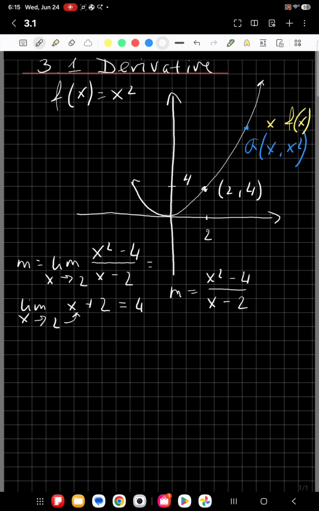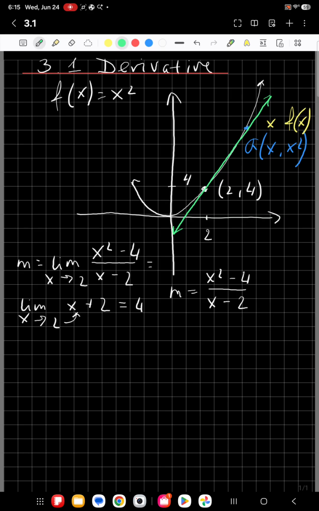Basically, initially that tangent line is not really a tangent line. It's a secant line.